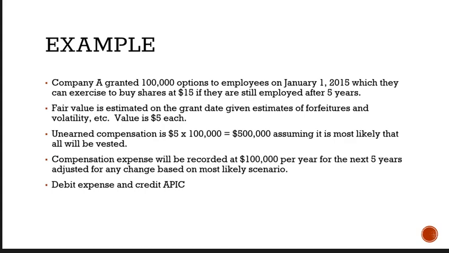We're going to debit expense and credit additional paid-in capital. So if everything goes exactly as planned, you will debit expense and credit APIC each year for 5 years for $100,000.